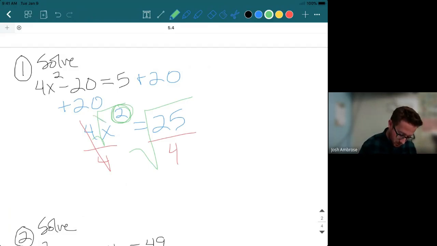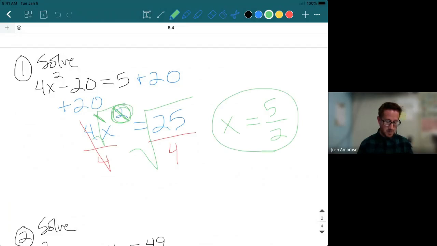So the square root will cross out that 2, and now x is totally by itself. And because 25 and 4 are perfect squares, the square root of 25 is 5, the square root of 4 is 2. There we go. x works out quite nicely to be 5 over 2.